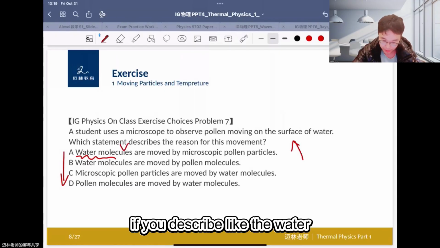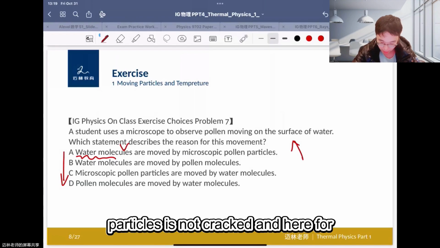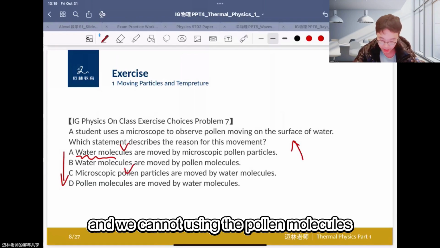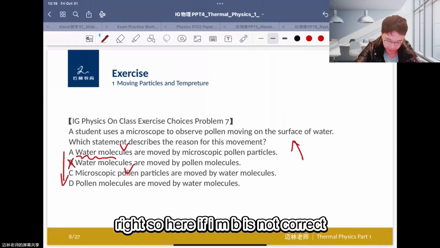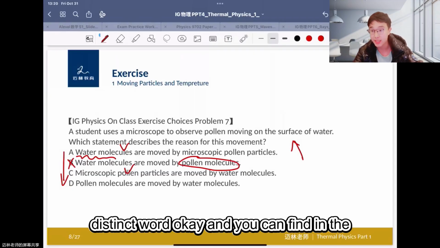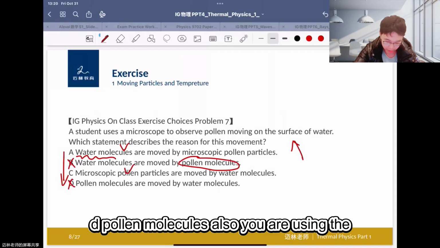But if you describe them as water particles, it's not correct. For pollen, we can say pollen is a particle, and we cannot use pollen molecules. So B is not correct because it says pollen molecules. These are two very distinct words. And in D, pollen molecules is also using molecules, so they are not correct.